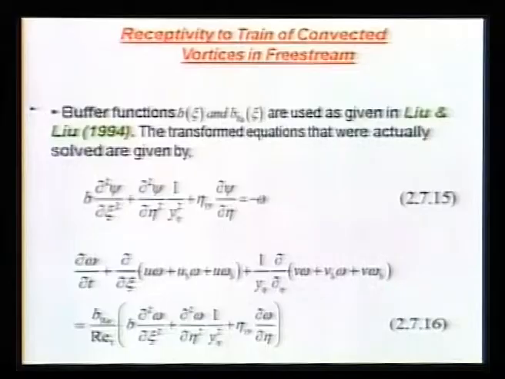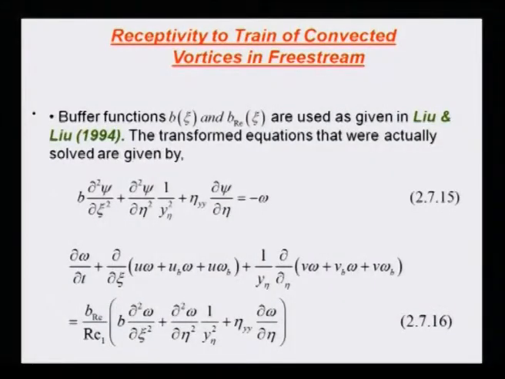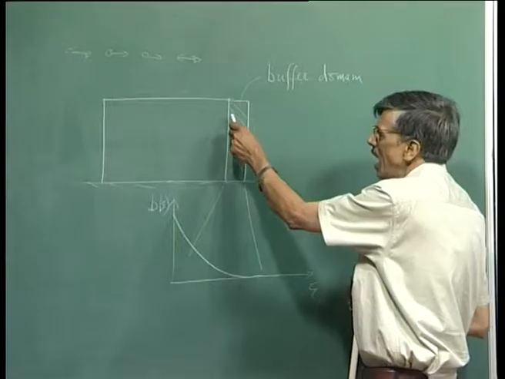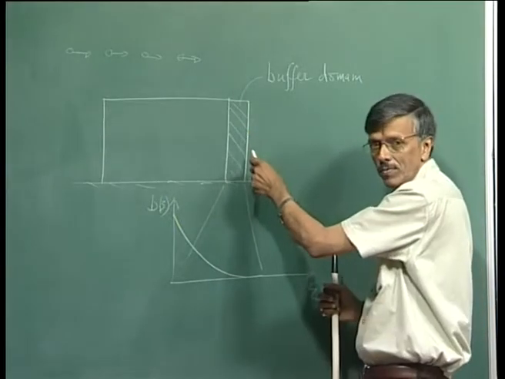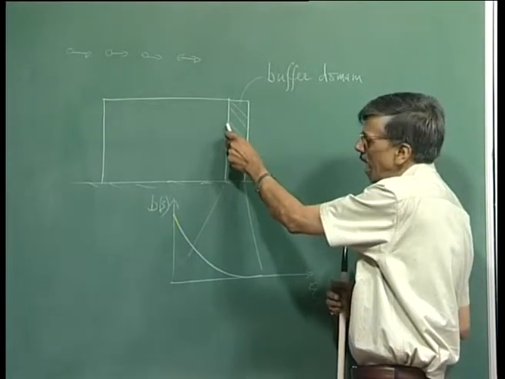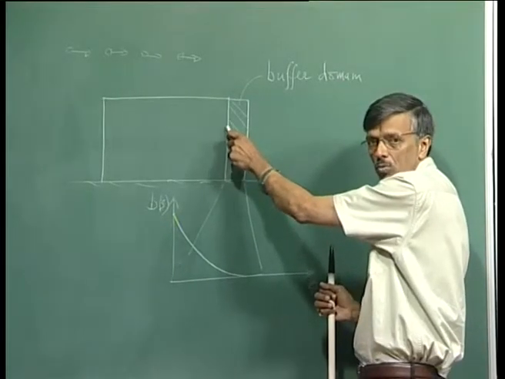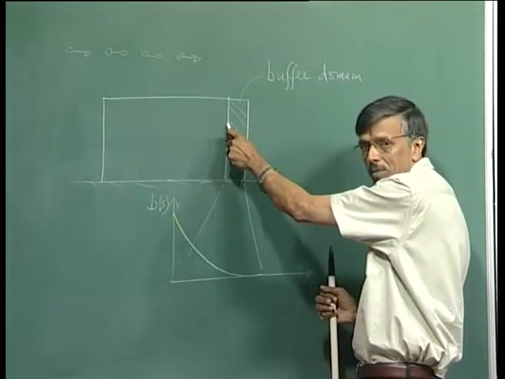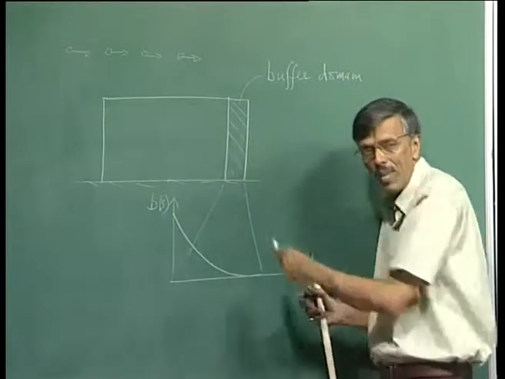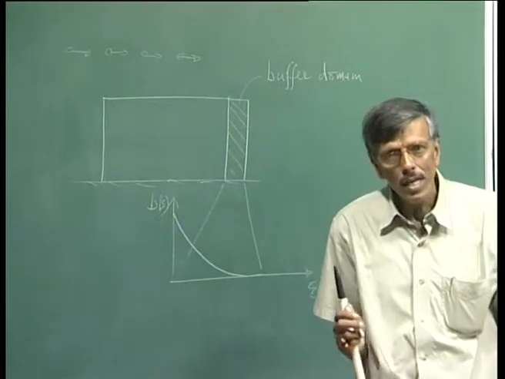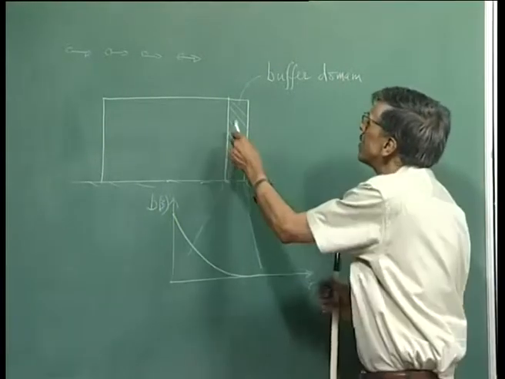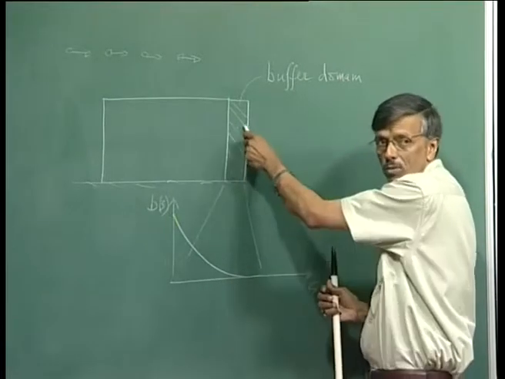BRE is also a scaled out parameter, which has a value of almost 1 at the end of the computational domain, and it effectively increases the Reynolds number as you come to the end.